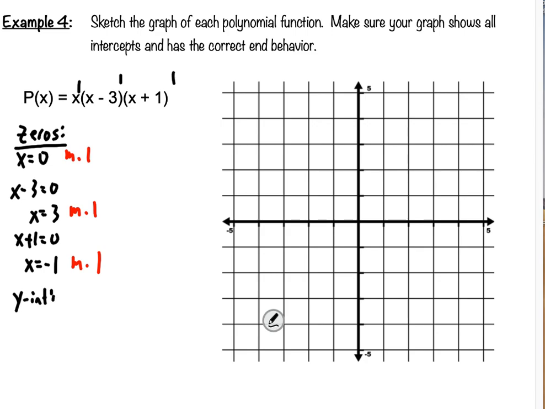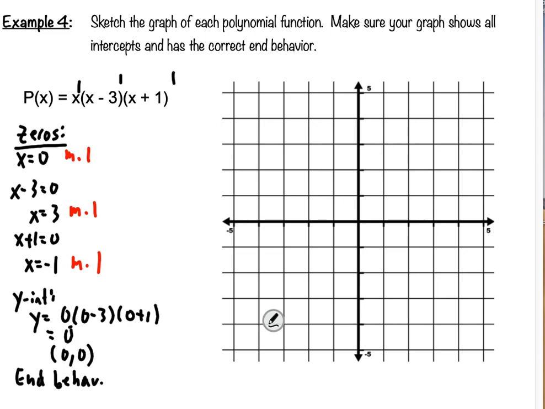Y-intercept, remember you got to substitute 0 in for x. And so we end up there with 0. So again, we get that 0, 0 as we did last time, because the 0 there was a 0, and the y-intercept and the x-intercept end up being the same in that case.